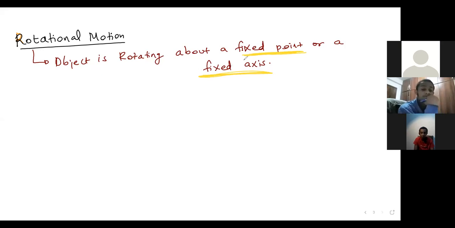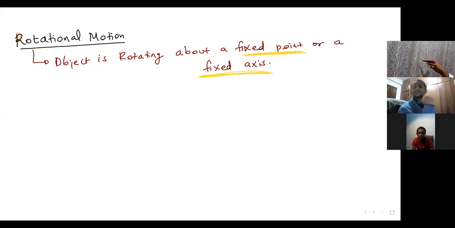When I do this kind of motion, let's take an example. See, this is rotation. And this is pure rotation. This kind of rotation is called pure rotation because there is no movement. There is just rotation, correct?